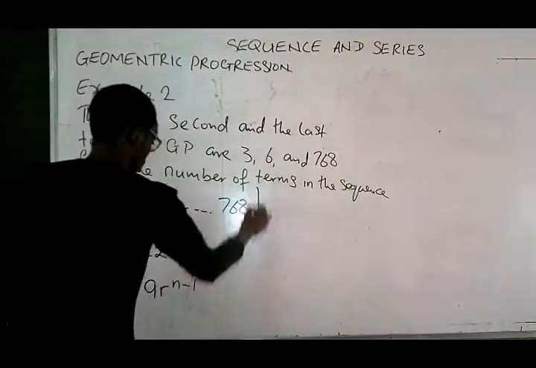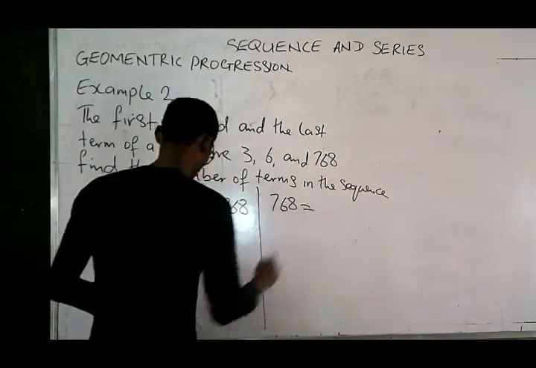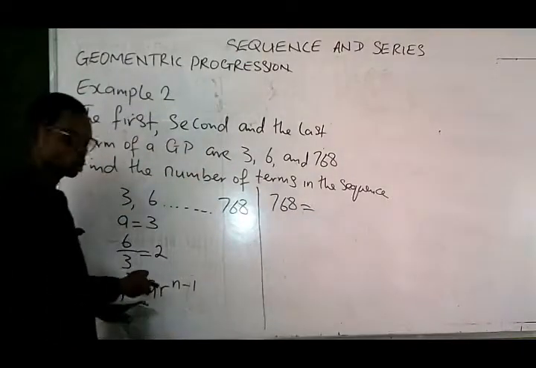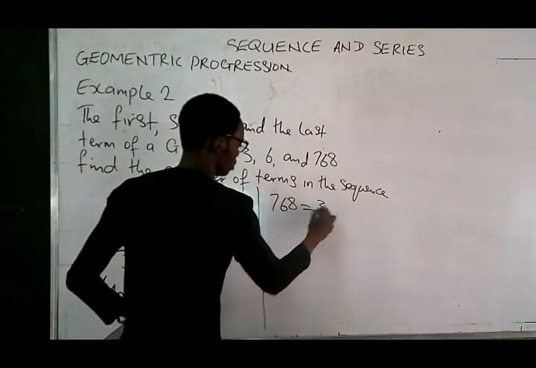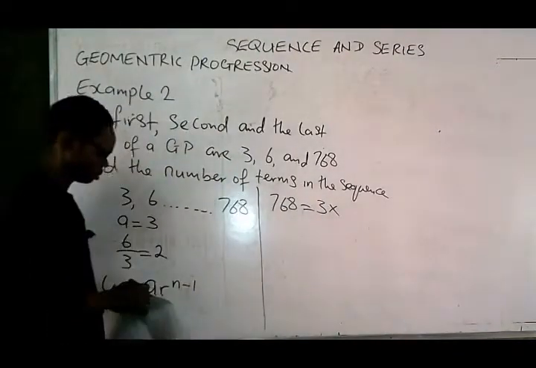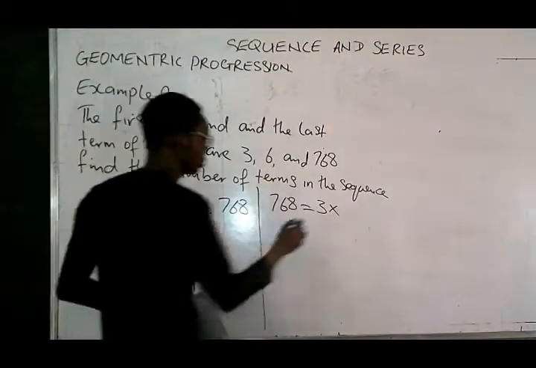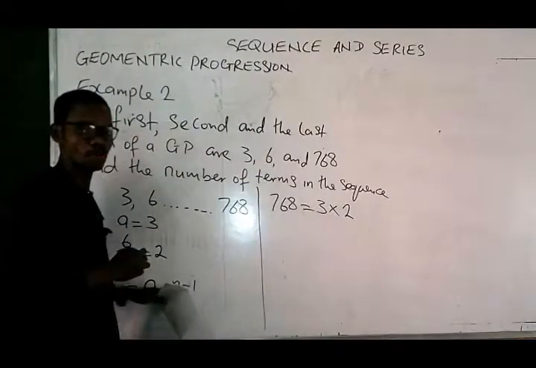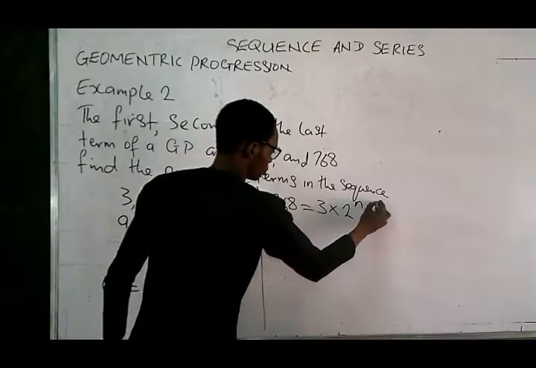So I will say 768 equals A, the first term, which is 3, times r, the common ratio, which is 2, raised to power n minus 1.